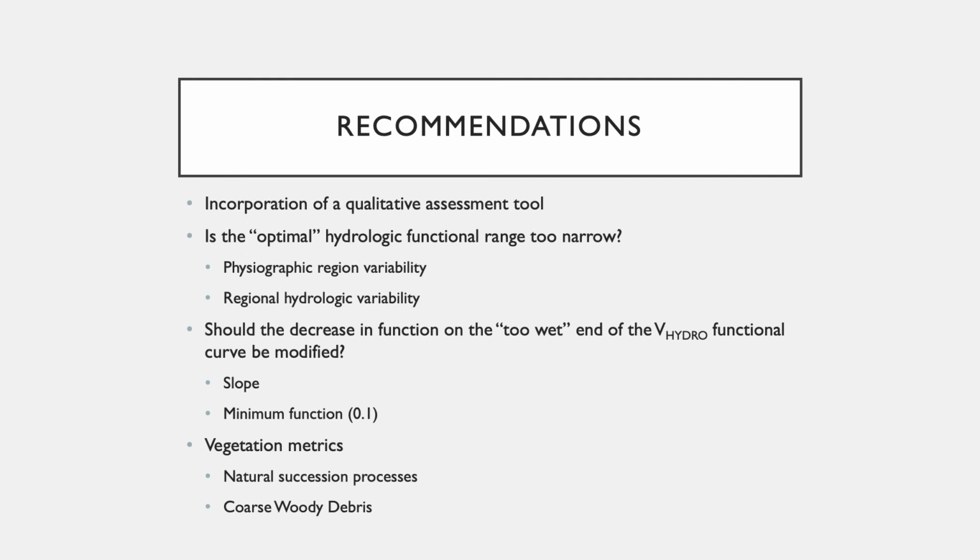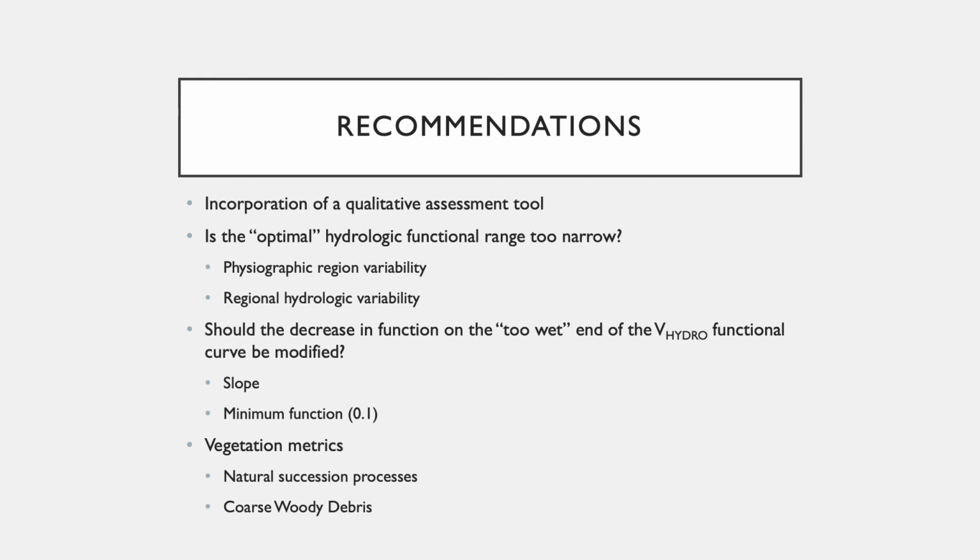Outside of that, our function decreased quite rapidly as either the site became drier or wetter. This is probably most important in the Piedmont and mountain regions of the state, as typically our growing seasons are shorter and our wetlands are not as continuously saturated as in the coastal plain.